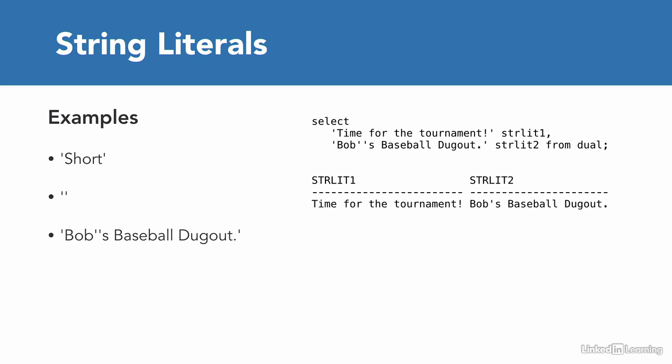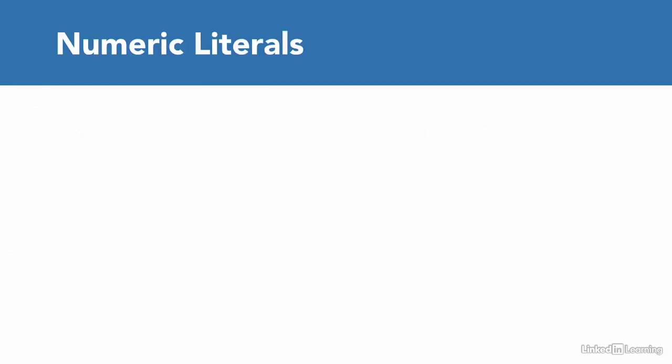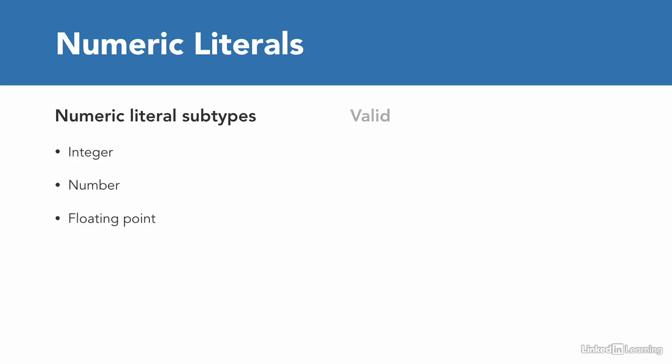Numeric literals are a bit more complicated, but as the old saying goes, you know one when you see one. There are three subtypes: integers, numbers, and floating point. Integers differ from numbers in that they have only the digits 0 through 9. In other words, no decimal points or scientific notation.